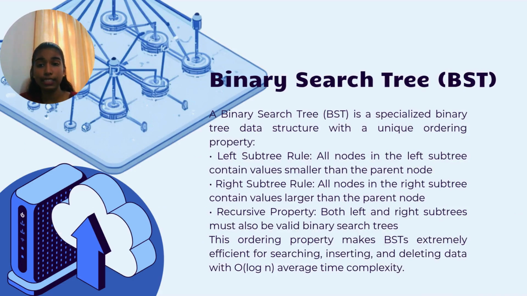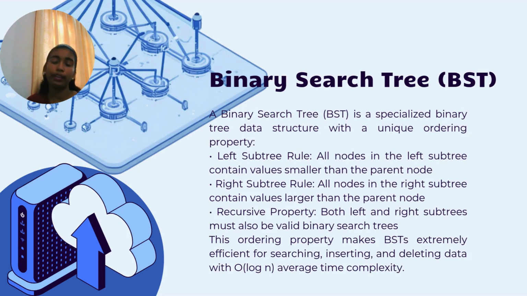Now let's discuss the binary search tree, also known as BST. A BST is a special type of binary tree that follows a strict ordering rule. The rule is all values in the left subtree must be smaller than the parent node, and all values in the right subtree must be greater than the parent node.